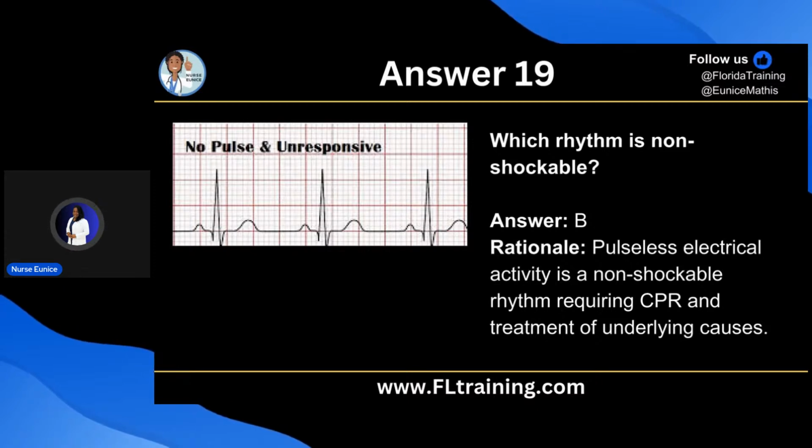Pulseless electrical activity is non-shockable. There's an organized rhythm on the monitor, but for whatever reasons, those H's and T's, you cannot feel a pulse. Therefore, we call it pulseless. So let's say a person bled out because of an auto accident, or maybe they had been shot. Now, the heart still has electricity, but because there's no blood, you're not going to feel a pulse.